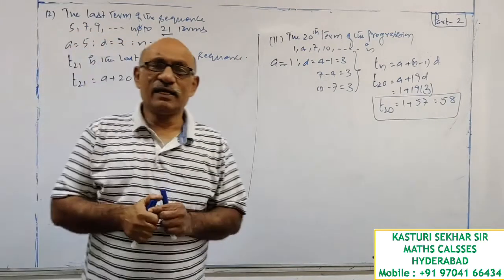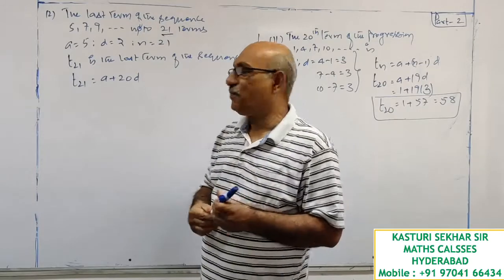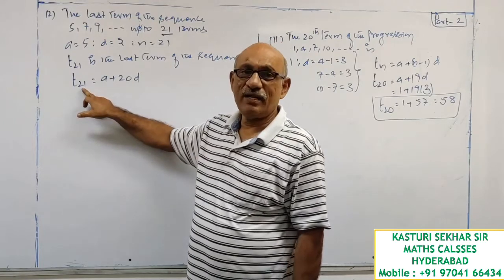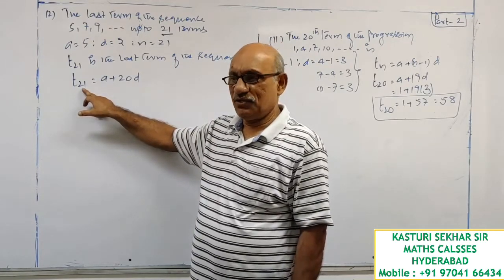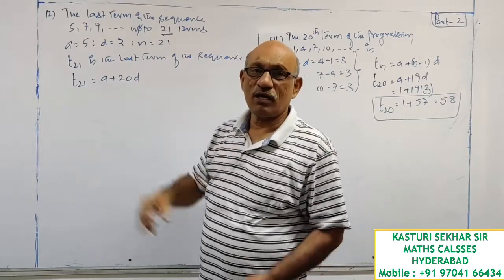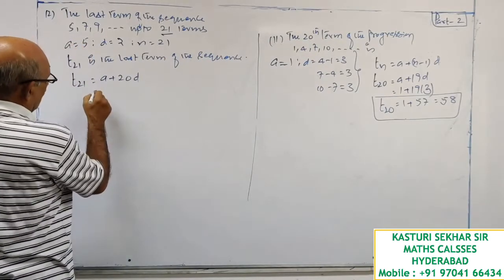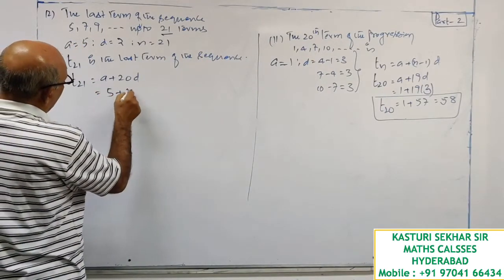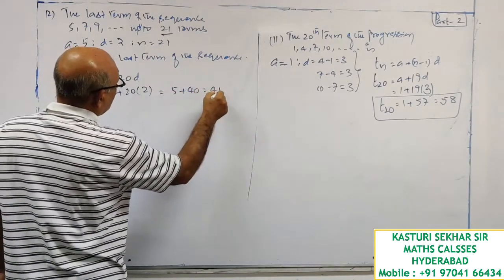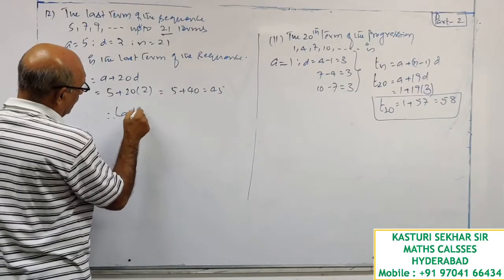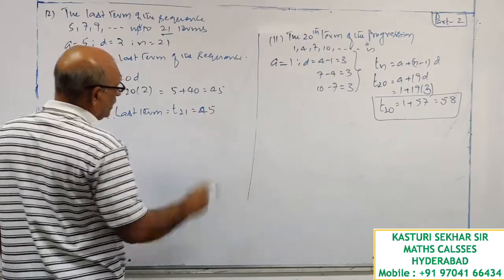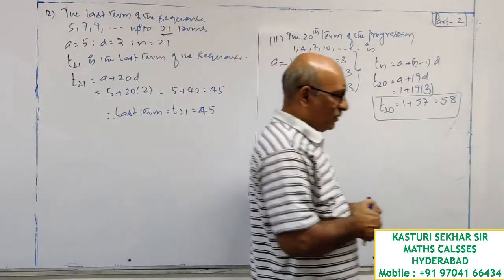As I told you earlier, again I am repeating the same point: common difference coefficient is always 1 less than order of the term. So A is equal to 5, 20 into common difference 2, 5 plus 40, 45. Therefore, the last term T21 is 45.